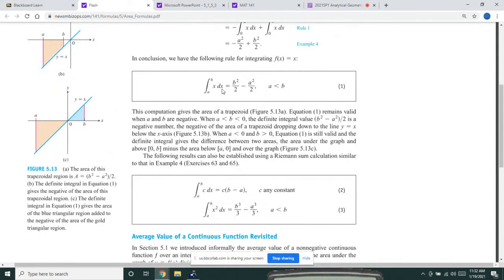Since our problem deals with x raised to the first power, this is the formula that we're going to use. So this is the integral from a to b for x dx is equal to b squared over 2 minus a squared over 2.